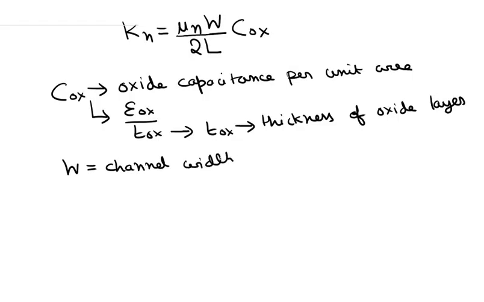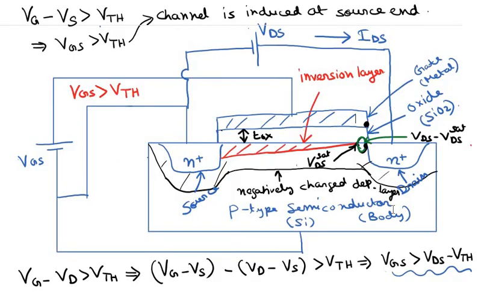And it is obvious that if the width of the channel increases, then the current also increases. So width is basically perpendicular to the plane of the paper. So this MOSFET also has a third dimension. We have actually shown it in 2D, but if we draw it in 3D, it would basically look like this.